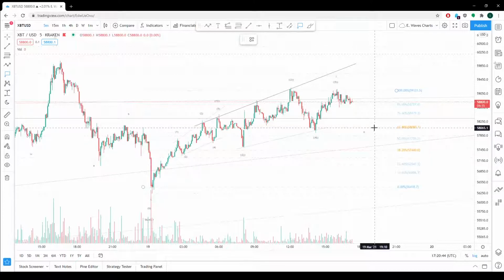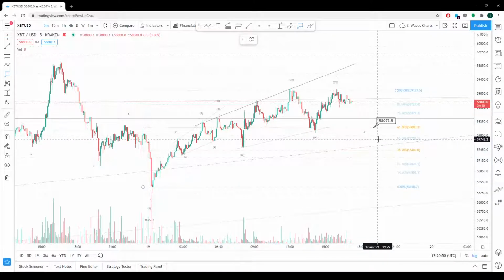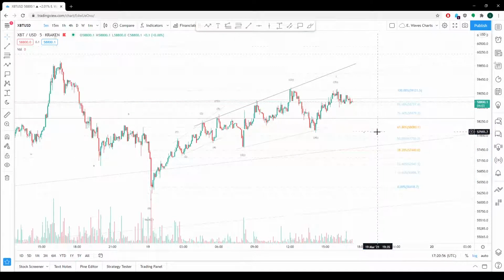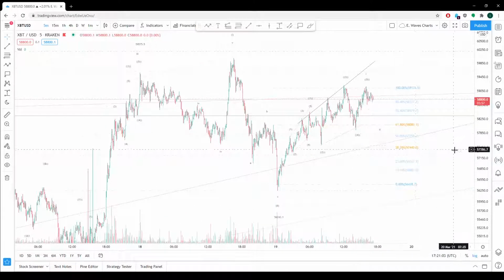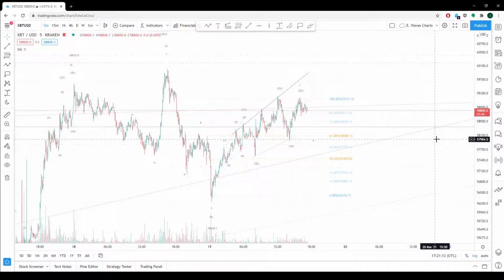Because the 61.8% is 58,720, and then the 50% is 57,700. That's my probable target for wave 2 over there. So this is a wave 1 and a wave 2 of a bigger degree wave 3. So I'm thinking as soon as this wave 2 finishes, it's going to take off really fast.